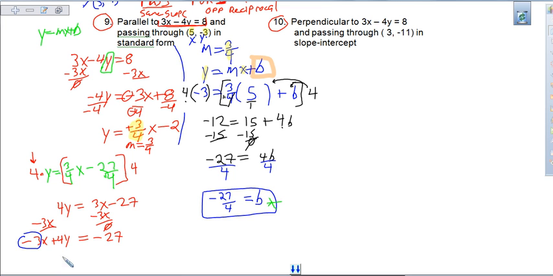So just remember, real quick shortcut is, think about multiplying everything by -1. That's all it does, is reverses the sign of each term. So negative by negative gives me a positive 3x. The positive 4y turns into negative 4y, or subtract 4y, and the negative 27, when multiplied by -1, gives me that positive 27. Okay, I'm going to stop this one now.